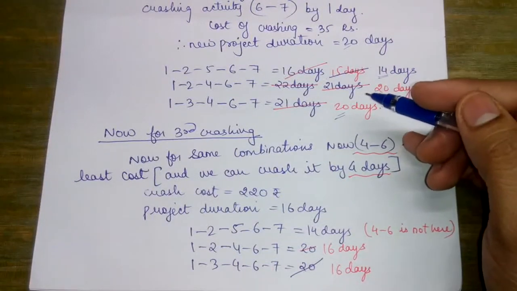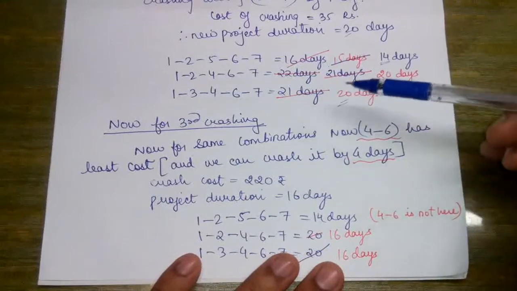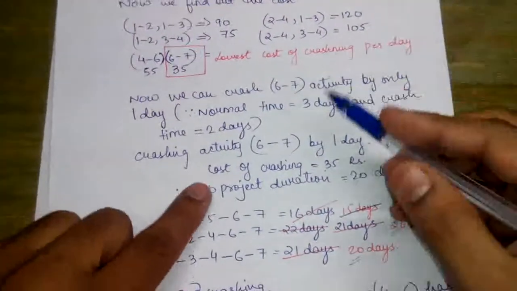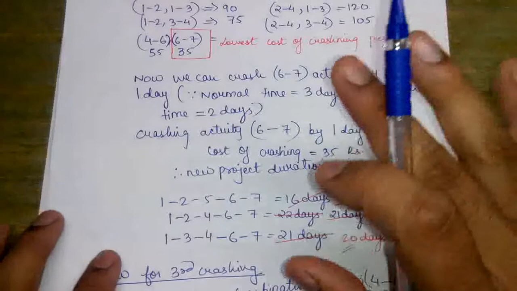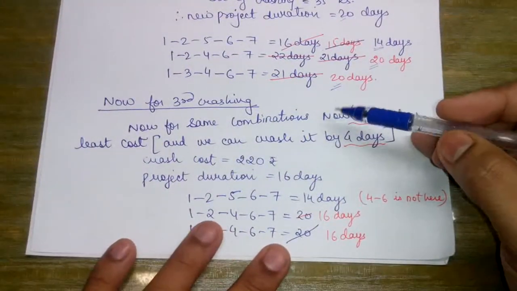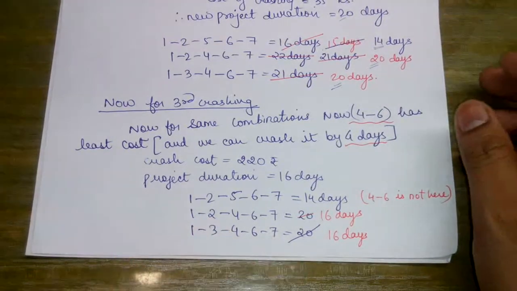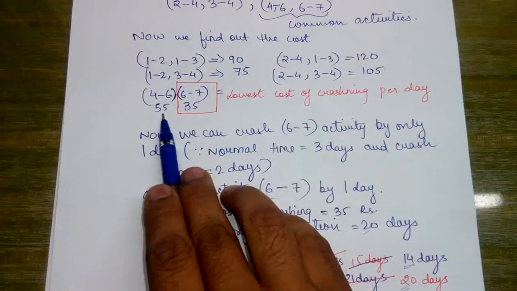Now we go for the third crashing. Since activity 6 to 7 has been crashed completely, we cannot crash it further. So for the third crashing, we move on to the combinations of 4 to 6, since it has the next least cost, that is 55.